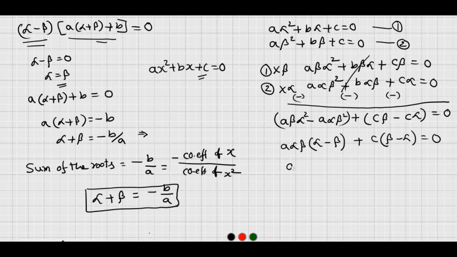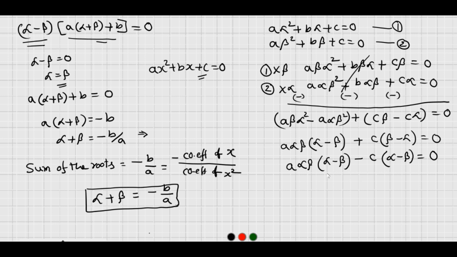I am rewriting over here a alpha beta into alpha minus beta. Here I am taking the minus common to make it the same, minus c into alpha minus beta, changing the direction, is equal to 0.